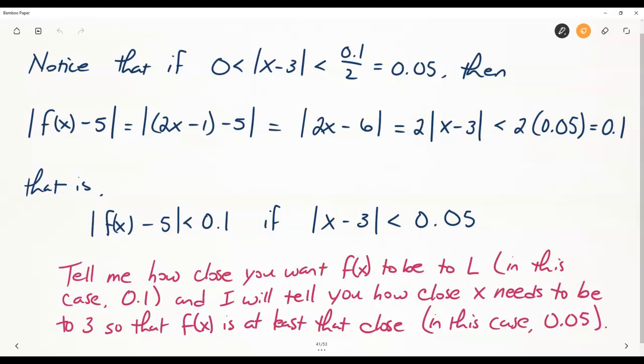So you tell me how close I need to get, and I will tell you how close x needs to be to 3 in order to guarantee that that always happens. It seems like a cumbersome definition, but it is how we define the limit exactly mathematically.